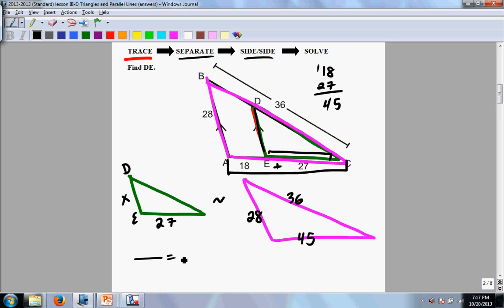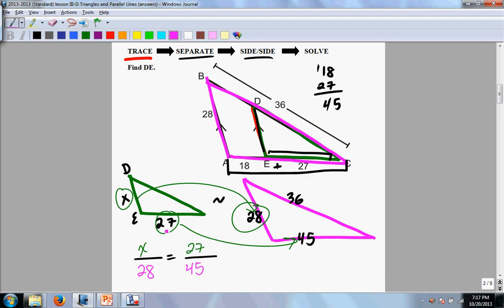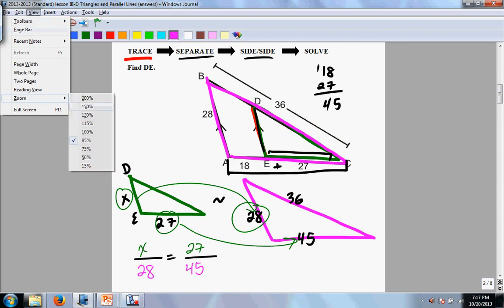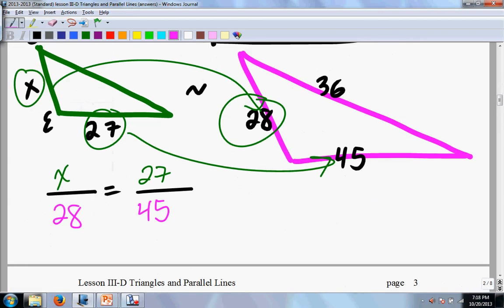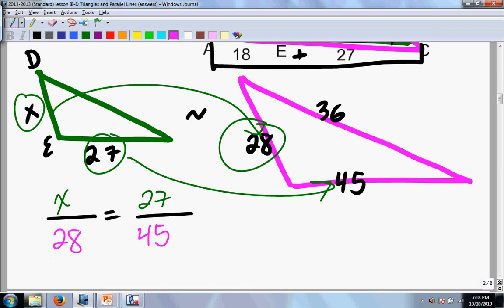So let's make a proportion. I'm going to go X over 28, left to right, equals 27 over 45. Now you just cross multiply and solve.